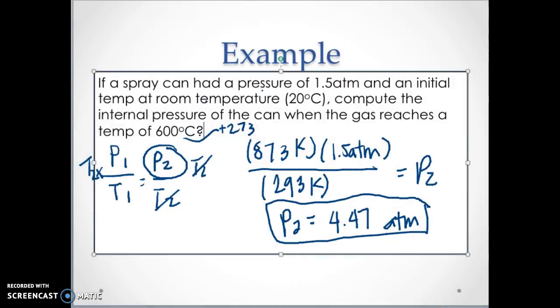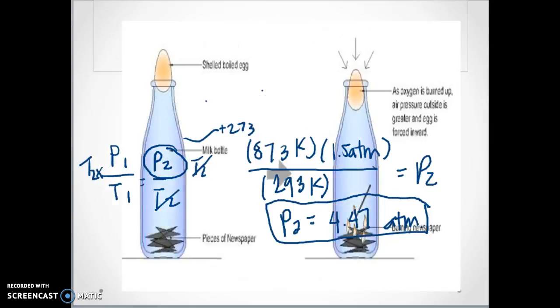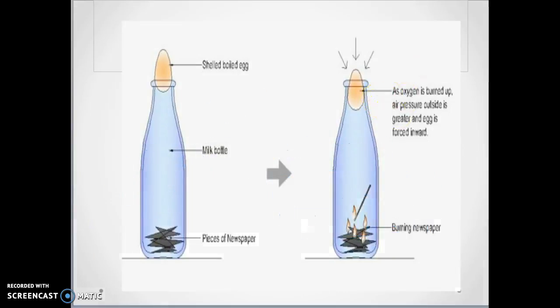Okay, so the next example is a conceptual question, and what it's saying is that if you get a glass bottle like this and you put a little bit of paper in there, you're going to boil an egg and remove the shell and put the egg on top.